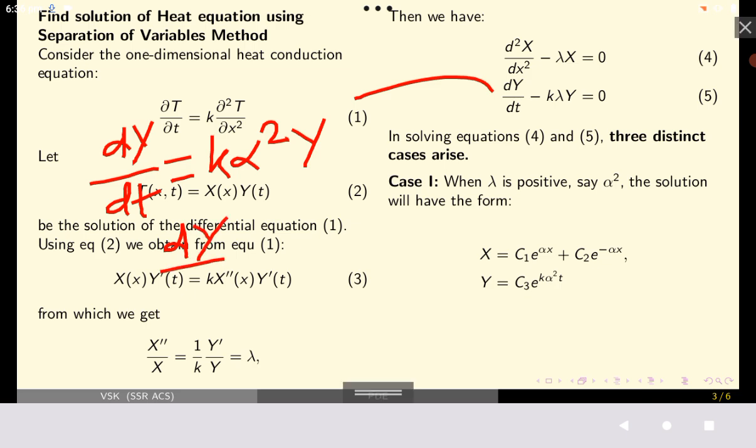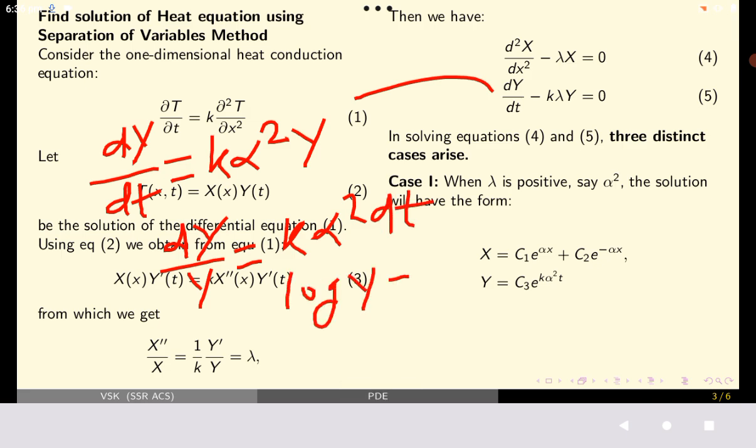So dy by y is equal to k alpha square into dt, and taking the integration, we get log y equal to k alpha square t plus some constant, say c3 dash.